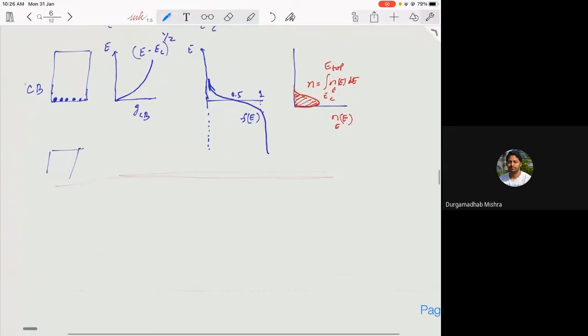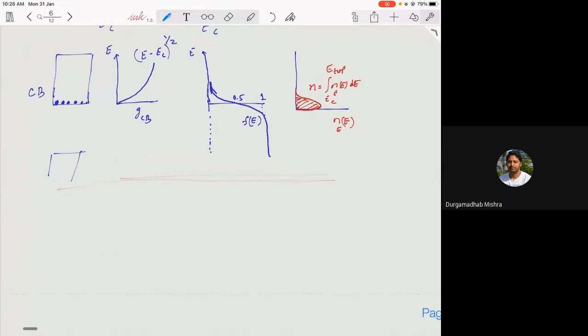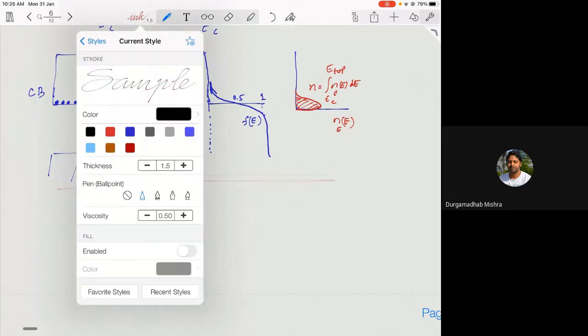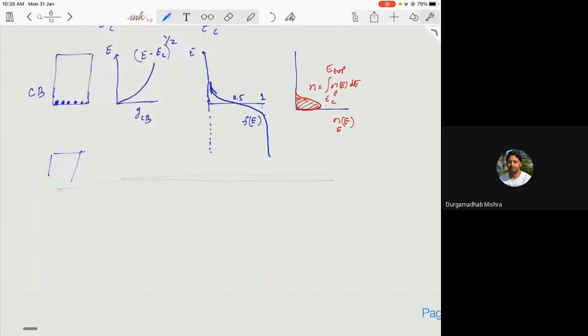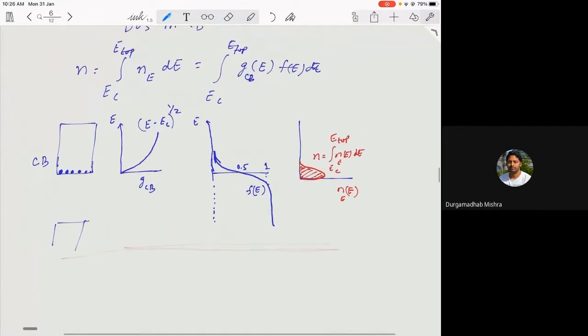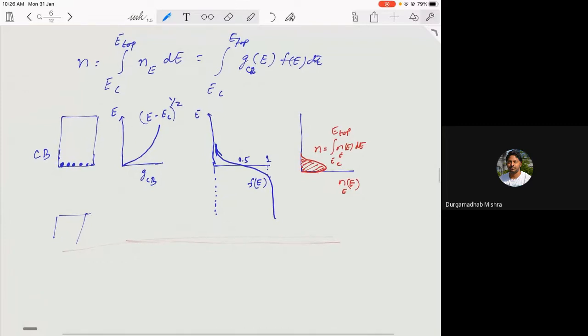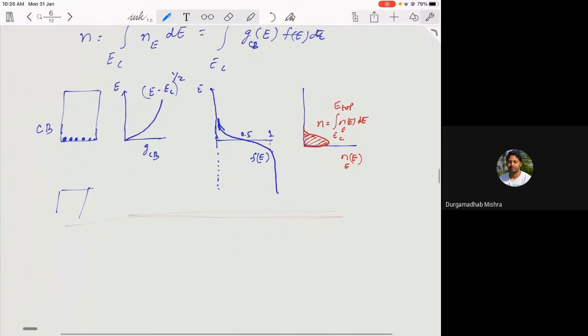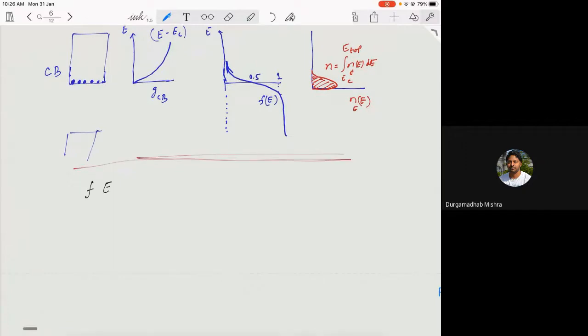So this is how we can calculate N. Now mathematically, what we need to know is the density of states G and f of E. If we look at the Fermi-Dirac distribution, f of E has the form with E minus EF divided by kBT.